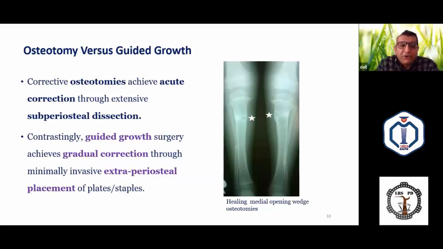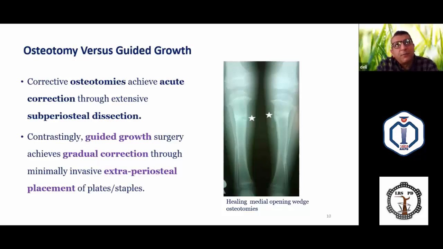While in guided growth, you implant your plate or whatever to achieve a temporary hemiepiphysiodesis, and then you go out of the operating room while the limb is still deformed, and you expect gradual correction during follow-up. So this is acute correction in osteotomies and gradual correction in guided growth. An important differentiating point is that osteotomies are done through subperiosteal dissection.